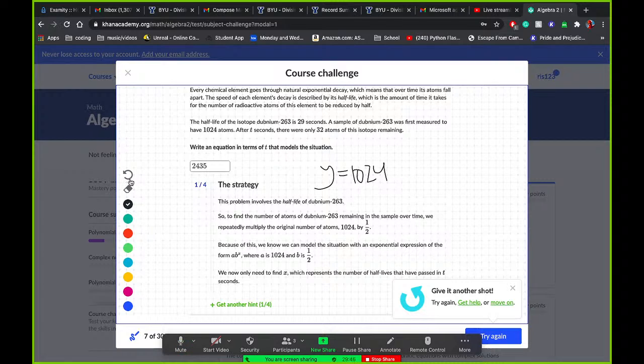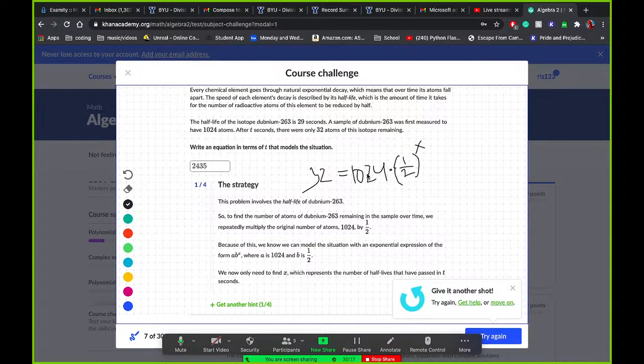Okay, yeah. So y is actually supposed to be 32, because it says that there's 32 atoms. So you have 1024 times 1 divided by 2 to the power of x.